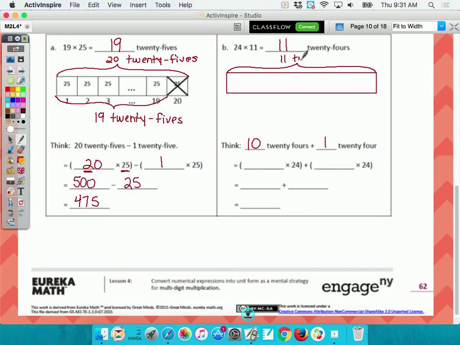11 24s. Now I figured something out, boys and girls. The number that is in words is actually my unit. So what number goes in the boxes? 24.